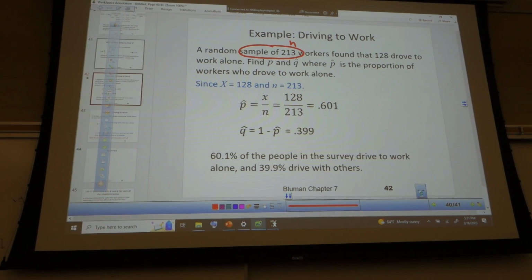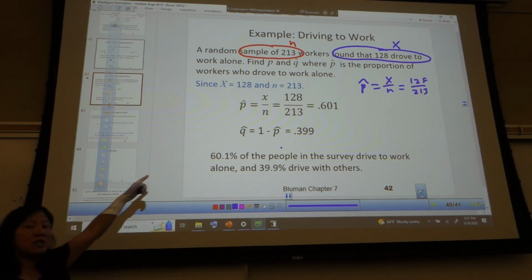Found that 128 drove to work alone. So x is my number of people who said yes. How many people said yes, I drive to work alone? 128. That's my number of successes. So my x is 128, my n is 213, my p hat will be x over n, 128 over 213. Your p hat had better be between 0 and 1.